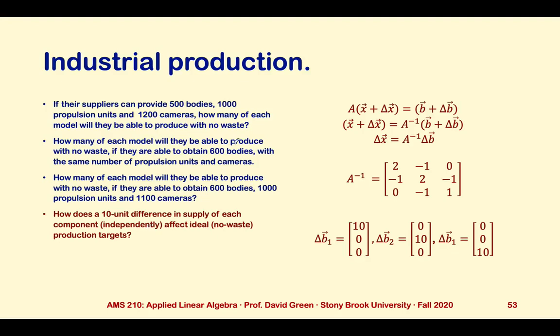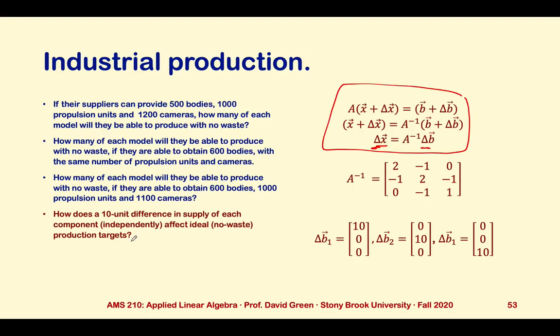We can also do this with the inverse, taking note that a difference in a right-hand side, represented by b plus delta b, can be related to a change in a solution, x plus delta x, by solving the problem with the inverse, and then recognizing that the original solution x was given by A inverse b, so the difference in the solution is A inverse times the difference in the right-hand side.